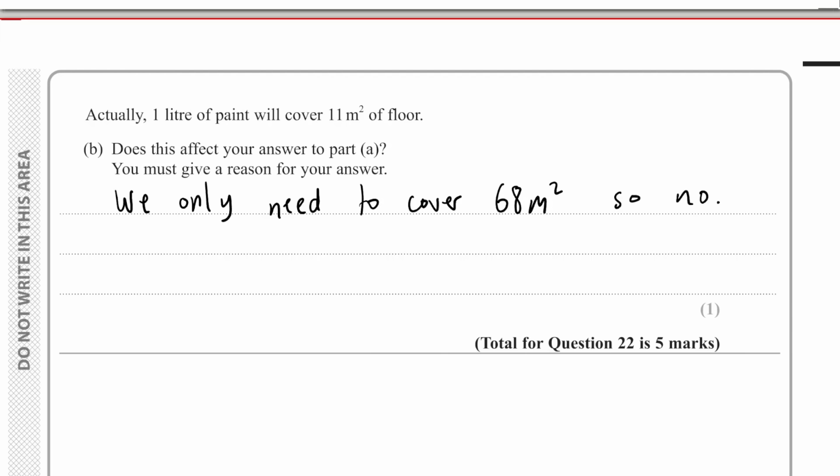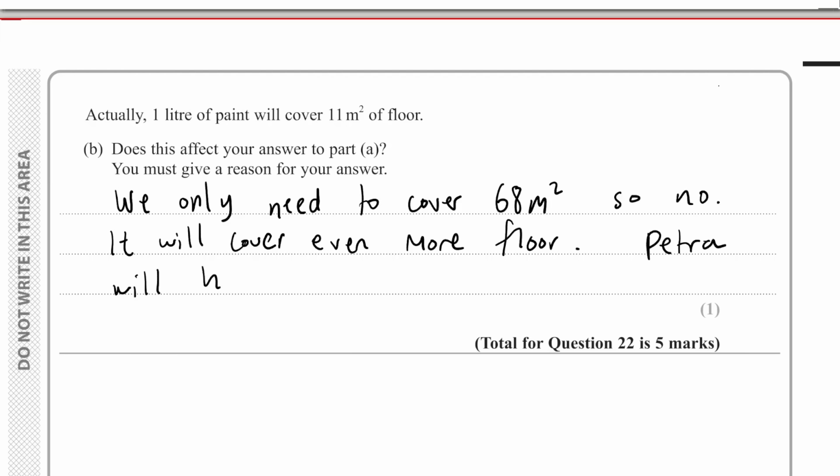So, no, it will cover even more floor. So we've got enough. We, or Petra, will have enough paint.